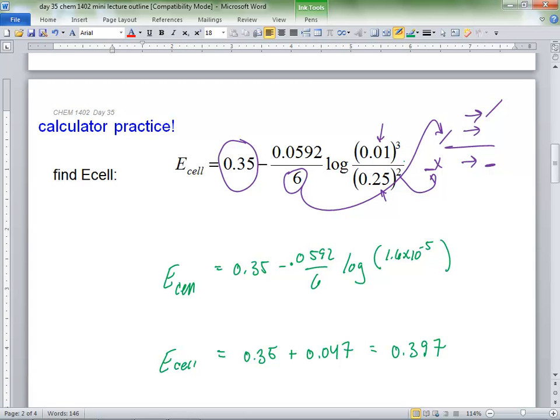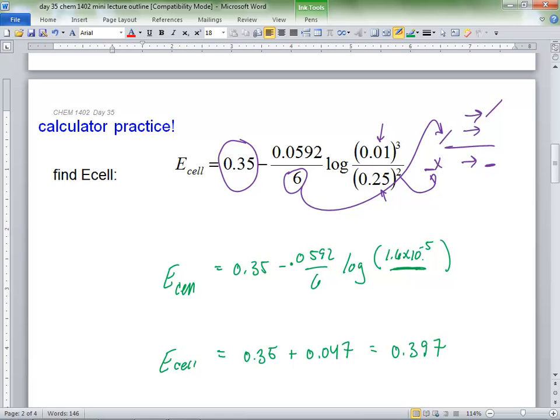To get the 1.6 times 10 negative 5, 0.01, raise it to the third power. And you have to push shift to get it. 0.01 shift x cubed divided by 0.25 and then square it, x squared. But don't push shift. Then equals 1.6 times 10 negative 5. Okay? You comfortable with it?